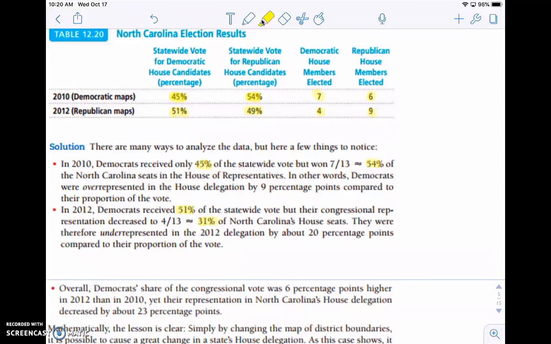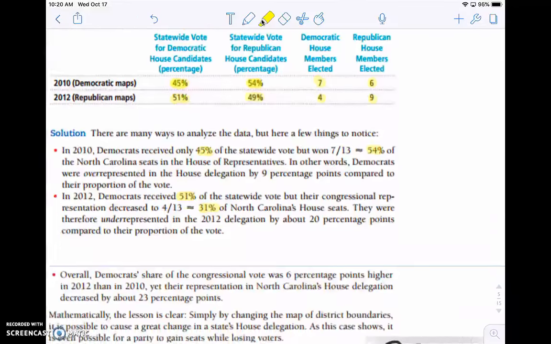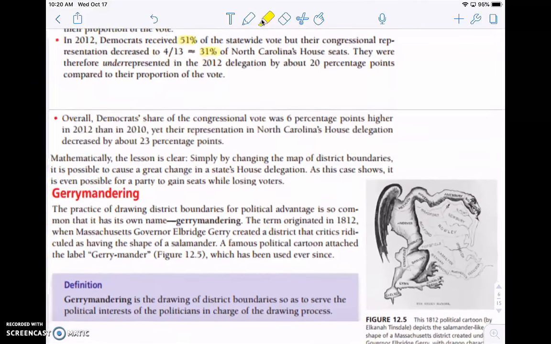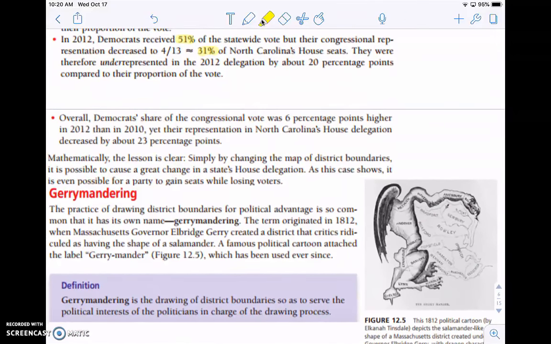So they were very underrepresented. Overall, the Democrats' share of the congressional vote was 6% higher in 2012 than in 2010, but their representation in House delegations decreased by about 23 percentage points. So you have an increase in votes, but a decrease in representation or delegates.